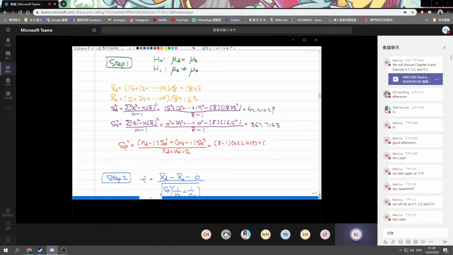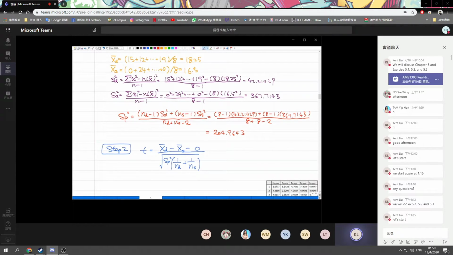Make sure you leave enough decimal places in the middle of the calculation to avoid too much rounding error. All right, so the answer is 204.964. So that is the pooled variance.